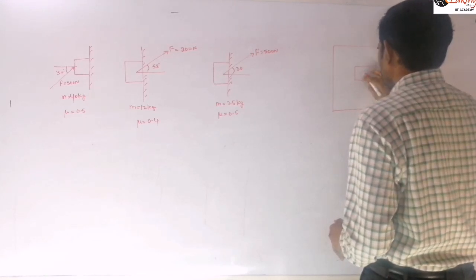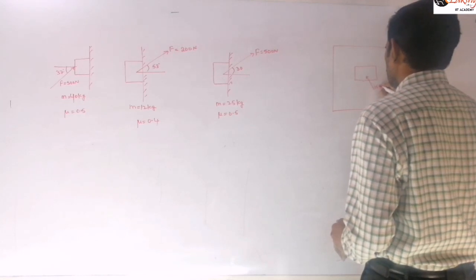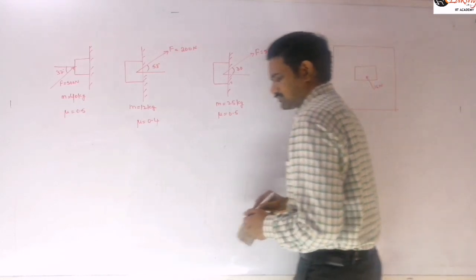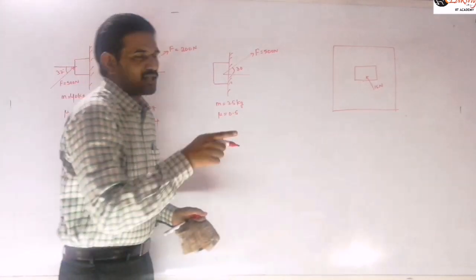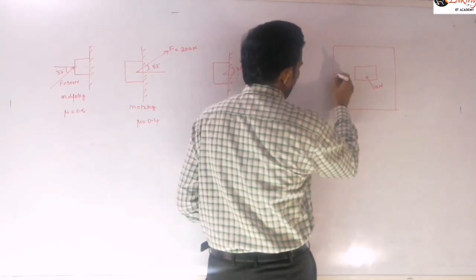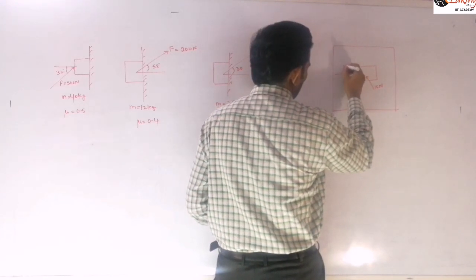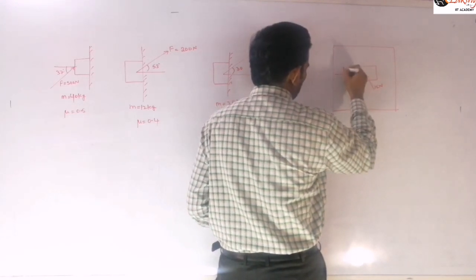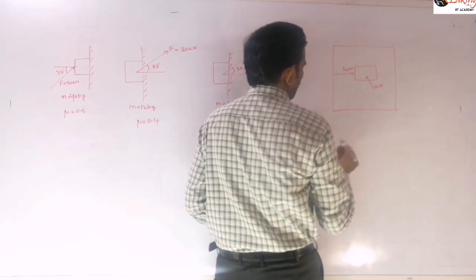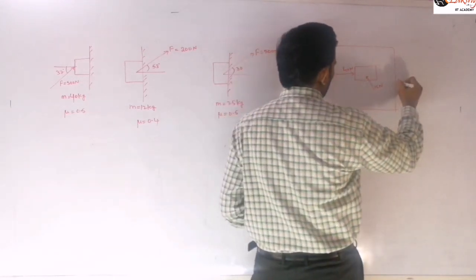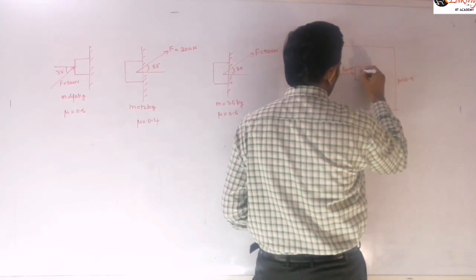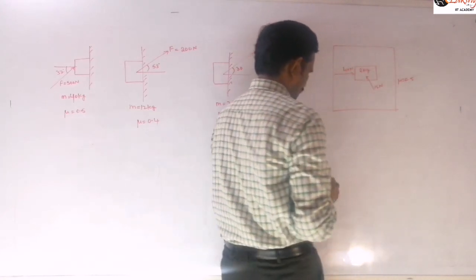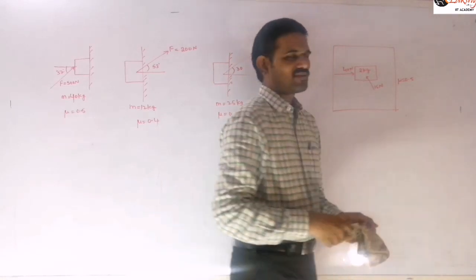This 15 newtons is normal to the wall, right? Another force I am applying is a 40 newtons force acting parallel to the wall and perpendicular to this force. The coefficient of friction is 0.5, and the mass of the block is 2 kg. We need to find the acceleration of the system, if any.